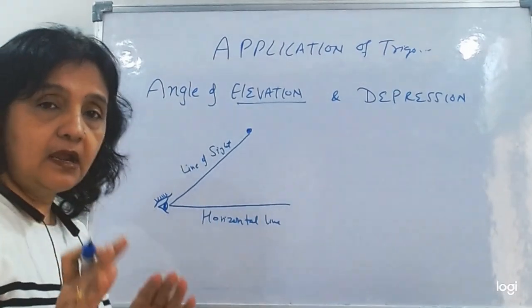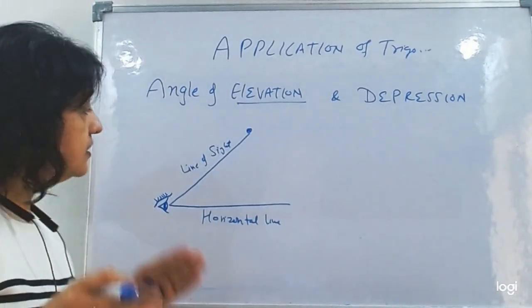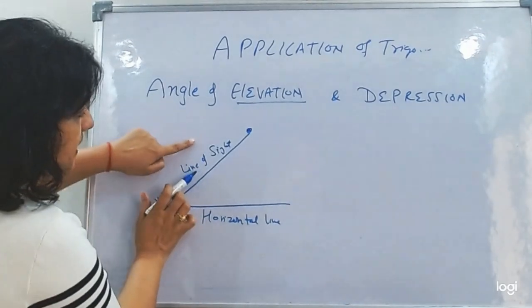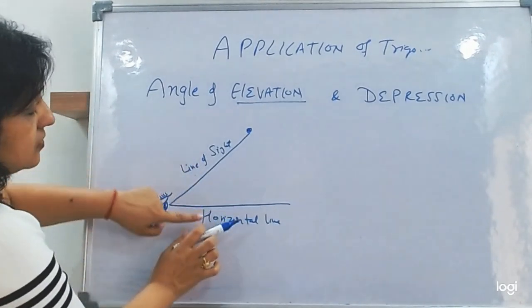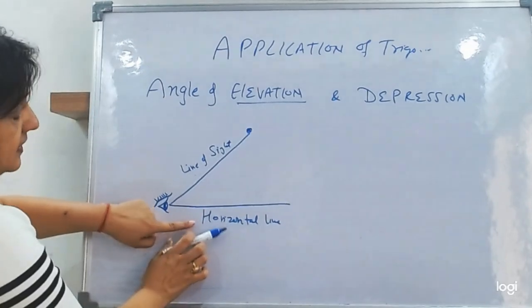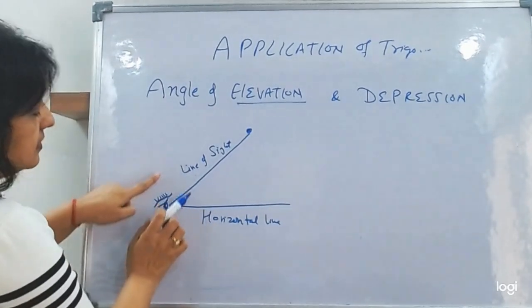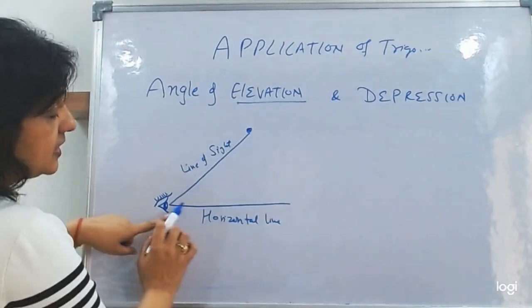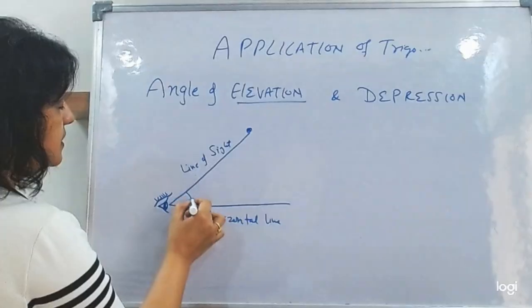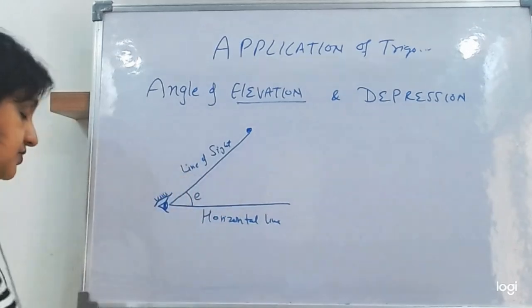Now, the angle formed between this line of sight and the horizontal line, again, the angle between the line of sight and the horizontal line is called the angle of elevation.